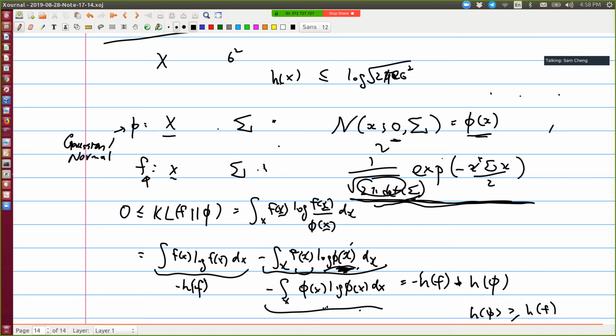Even though your approximation may not be accurate because your distribution is not Gaussian, it will often give you a bound, because Gaussian is the case that gives the largest entropy. So oftentimes it will give you some kind of worst case or best case scenario, a bound, when you study the Gaussian case.